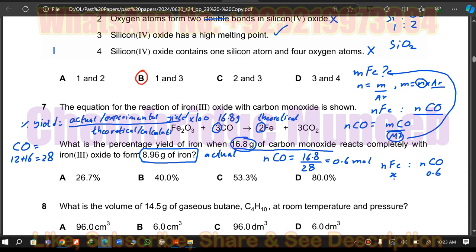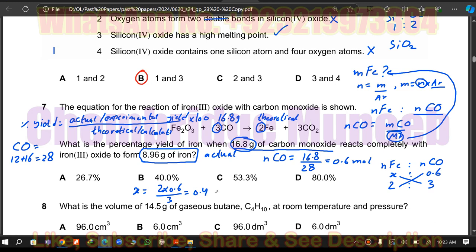So we put these values here: 2 moles for iron and 3 moles for carbon monoxide. Now in the next step we do the cross multiplication. So this x, which is to be found, will become 2 times 0.6 divided by 3. Now this value will be 0.4.